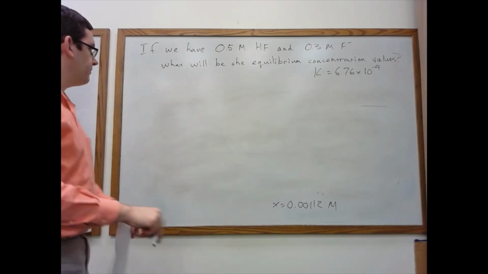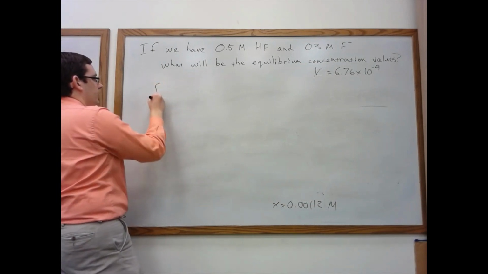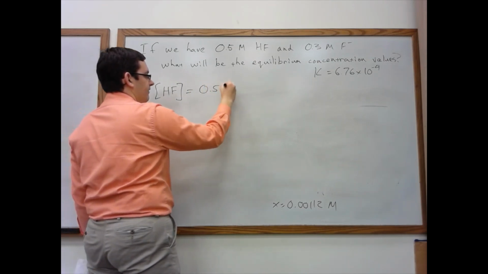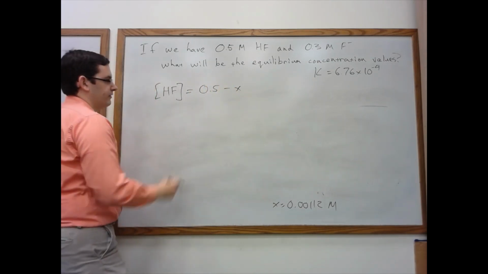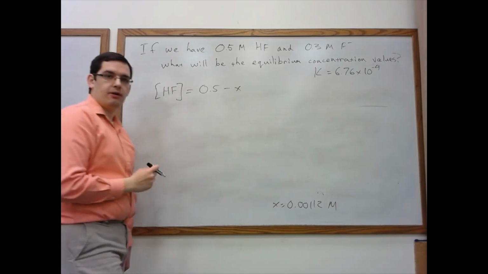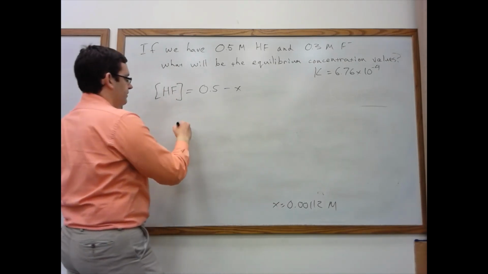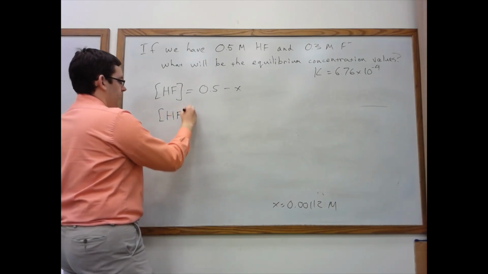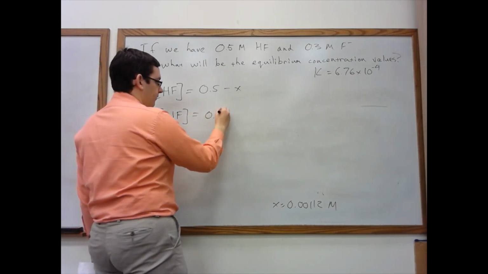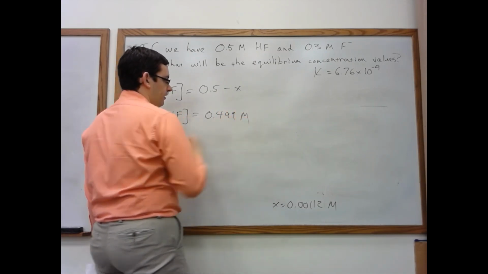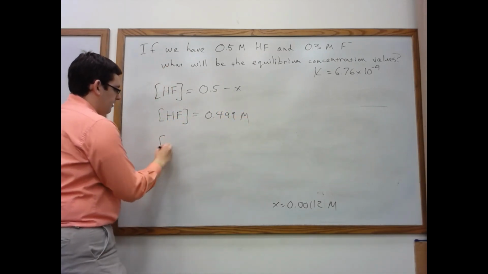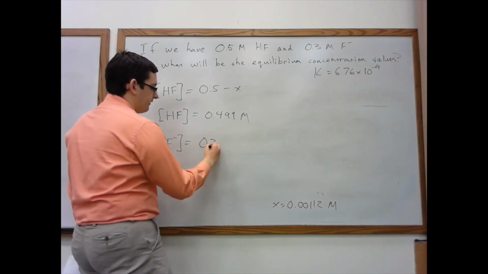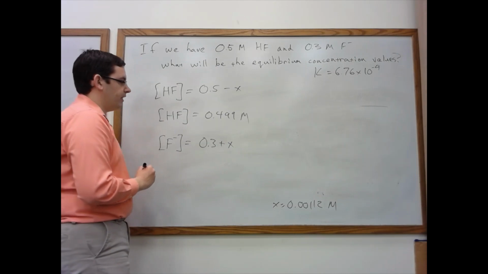If you remember from our ICE table, our concentration of HF was equal to 0.5 minus x. So 0.5 minus 0.00112 molar would be 0.499 molar. Our fluoride concentration is equal to 0.3 plus x, again from our ICE table.